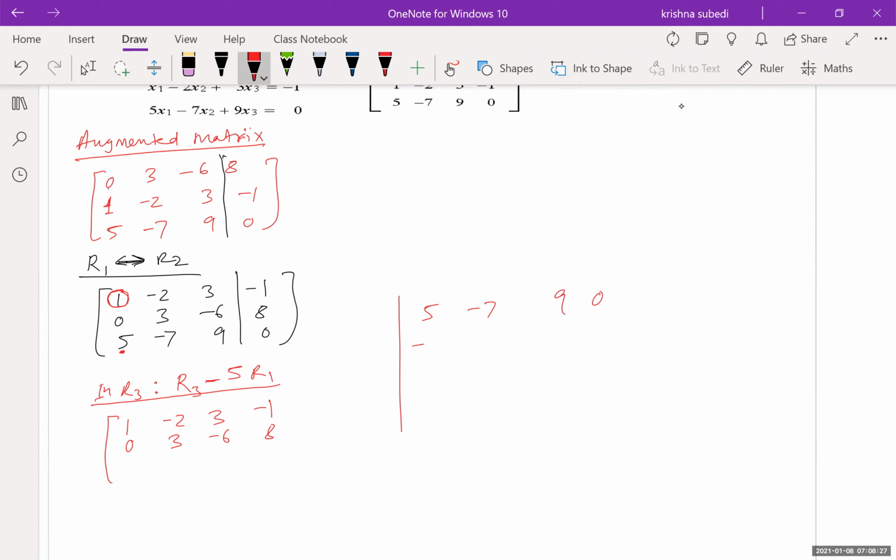So R1 is this, so you'll get -5, plus 10, minus 15, and plus 5. Right? Because this one is your R3, copy as it is, and this is your minus 5 R1. So you're gonna get that. If you add them, this guy will be 0, this will be 3, this will be a -6, and this will be 5. Just copy these values now, 0, 3, -6, and 5.